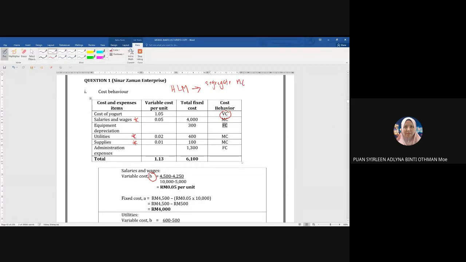If in the question there is no mixed cost, meaning it only has fixed cost and variable cost, that means I don't need to use the high-low method. I can directly calculate and substitute what A equals and what B equals, if I am given only variable cost and fixed cost in the question.